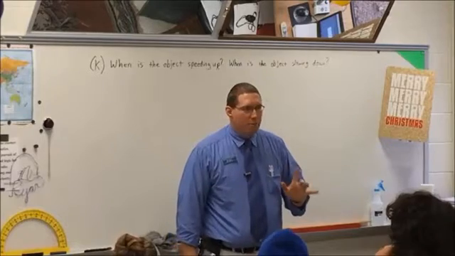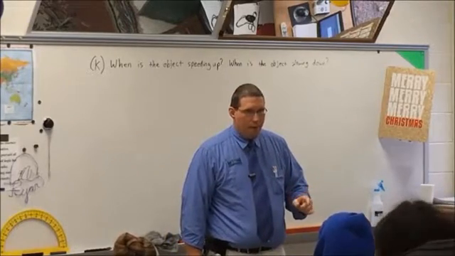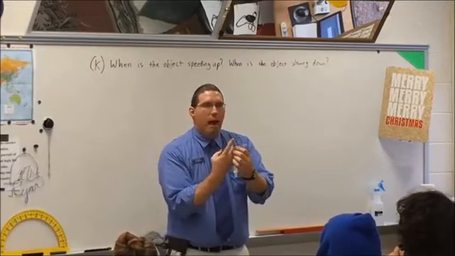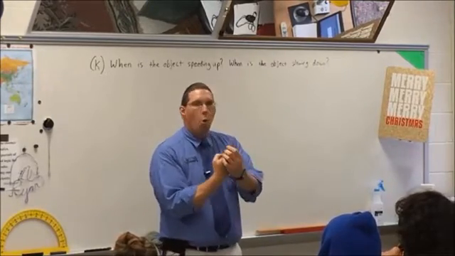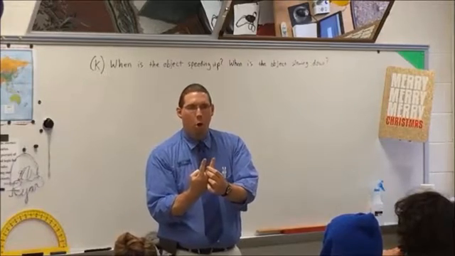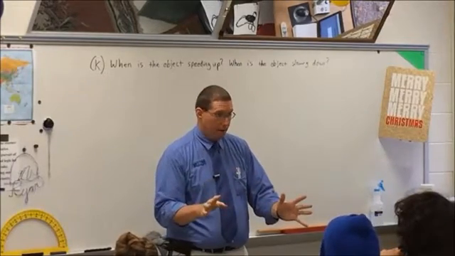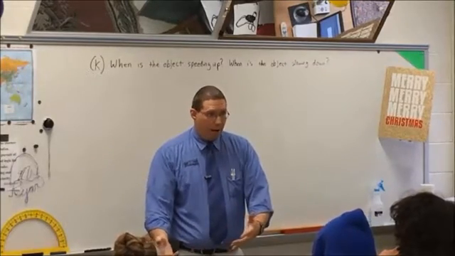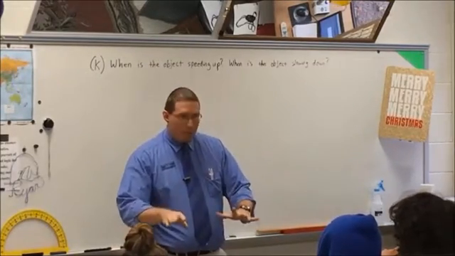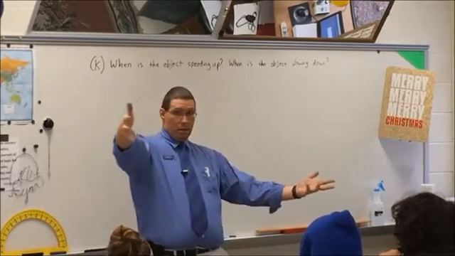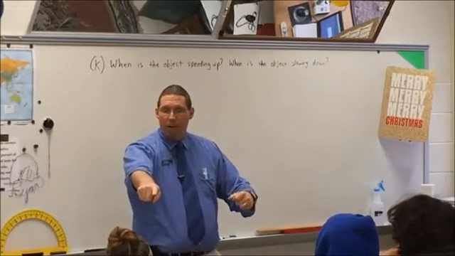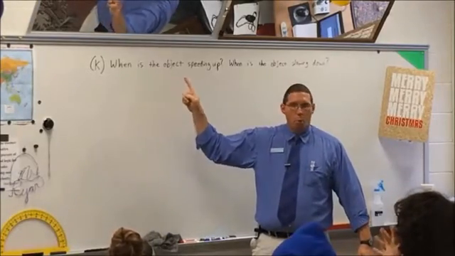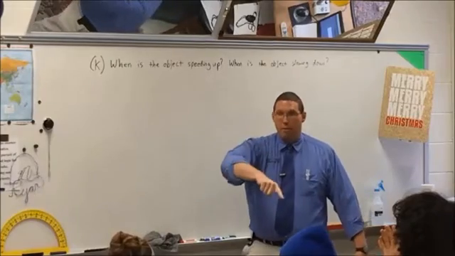When an object is moving, well, there are 3 possibilities. It is either at rest, or it is speeding up, or it is slowing down. That's it, right? If it's stopped, it's at rest. We already know that happens when, what is our technical analytical term?